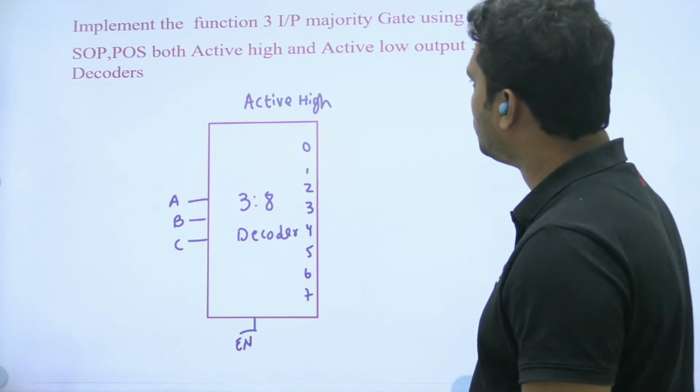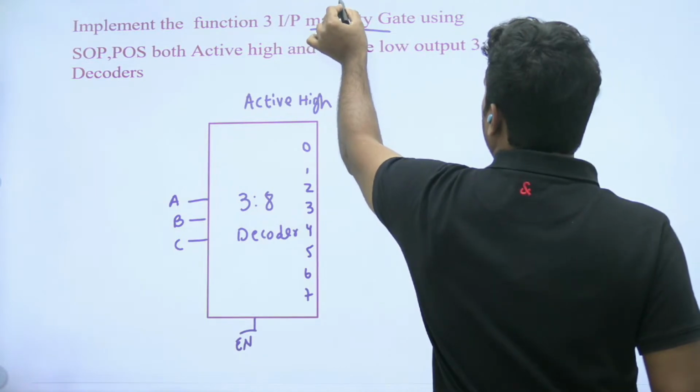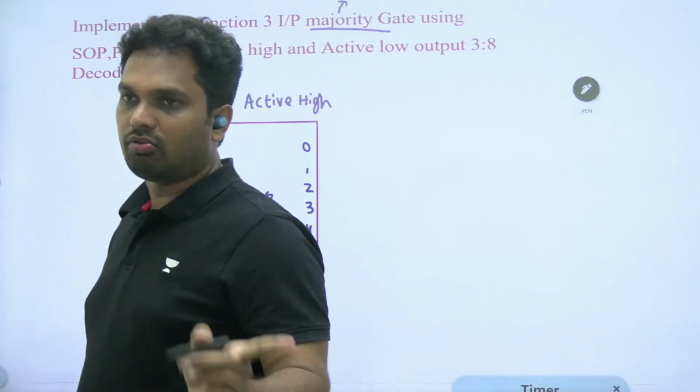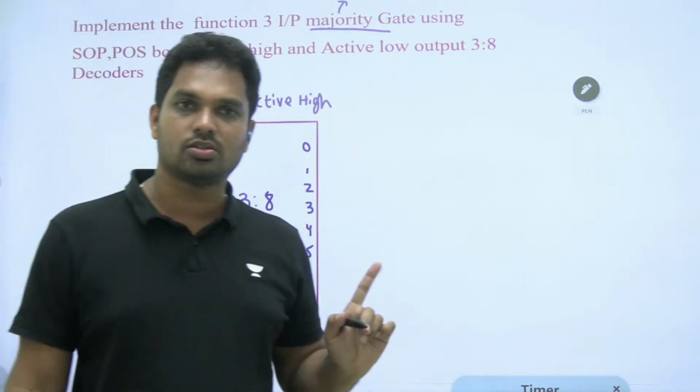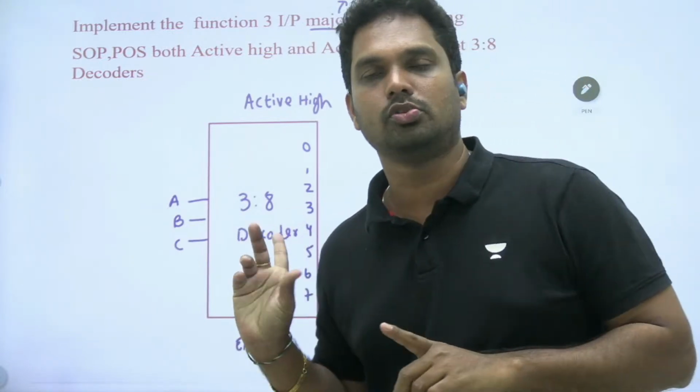Okay. So here you need to implement a three input majority gate. What does majority gate mean? Out of the three inputs, if the majority of the inputs are one, the output is one. If the majority of inputs are zero, you get zero. Majority of inputs means out of the three, at least two inputs must be one.